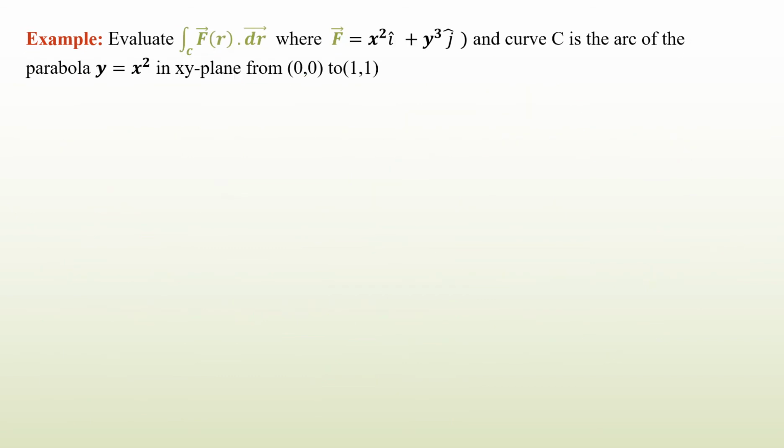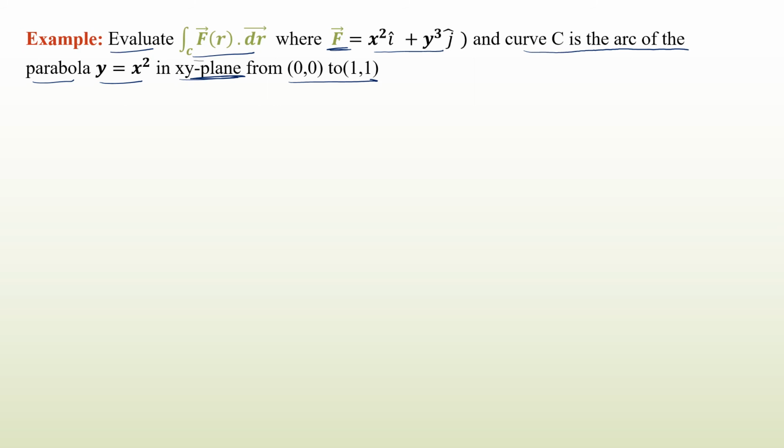Now the next example, we have to evaluate the line integral where F is the vector x square i plus y cube j and the curve is an arc of the parabola y equal to x square in the xy plane, and we have to evaluate that integral from (0, 0) to (1, 1).